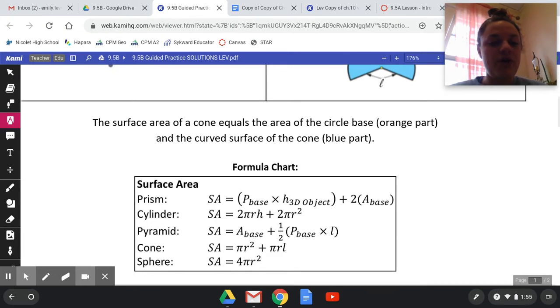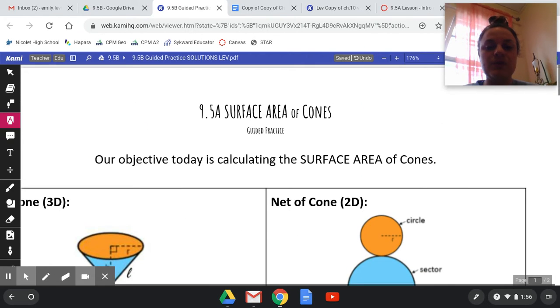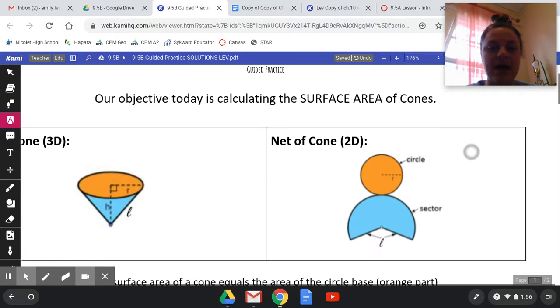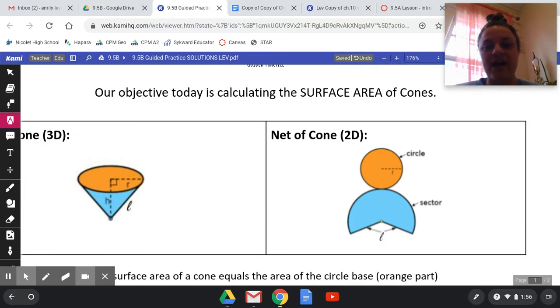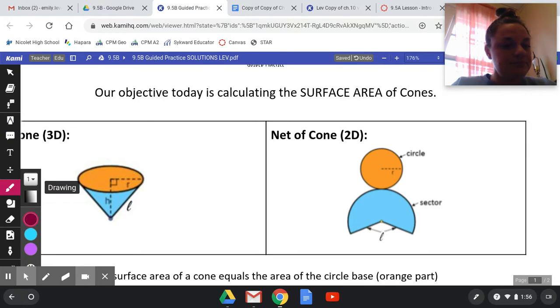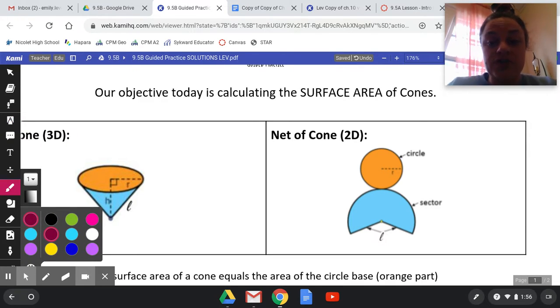So the surface area for a cone is pi r squared plus pi r L. The pi r squared part is the orange circle, because it's a circle with a radius r.